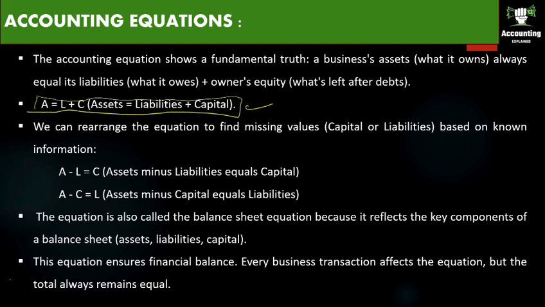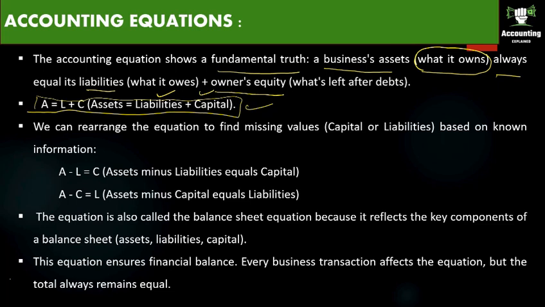The accounting equation shows a fundamental truth. A business's assets always equal its liabilities plus owner's equity. That is, liabilities plus owner's equity is what? Capital. So business assets can also be called what the business owns.